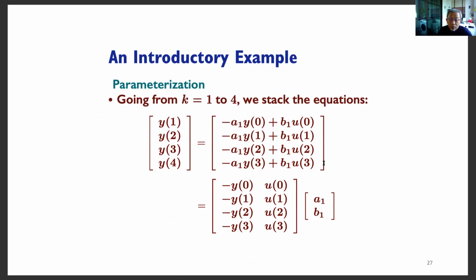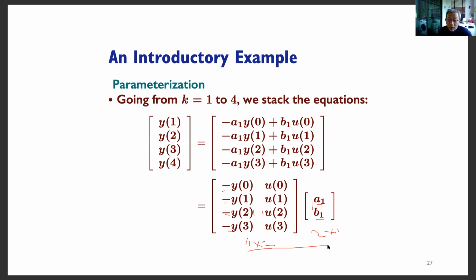So the size of this matrix is 4 by 2: 4 rows and 2 columns. And this one is 2 by 1: we have 2 rows and 1 column.